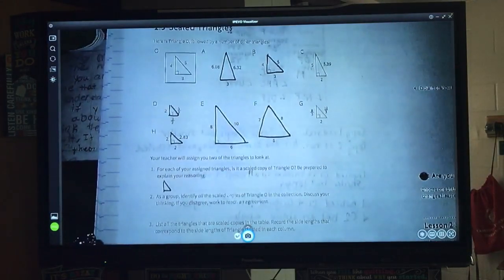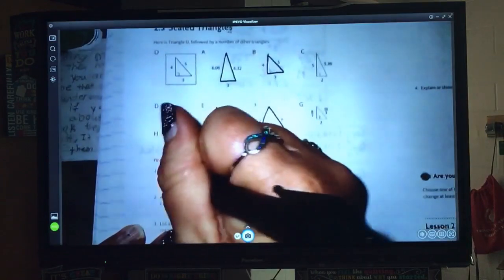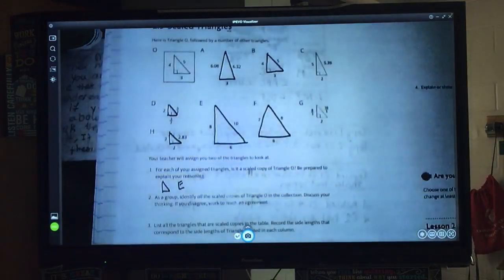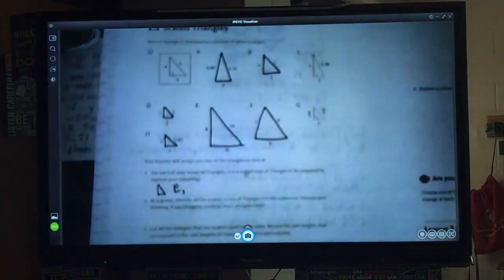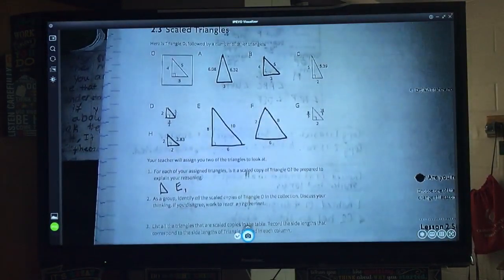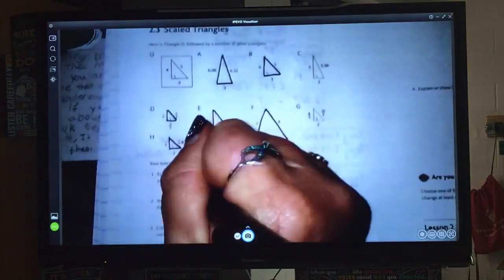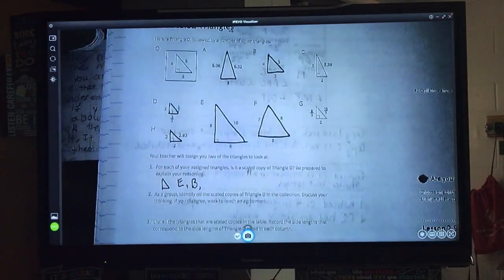And then E, okay? So for B and F, my B and F triangle people, was there one that was a scale copy to the original? Jeremiah? No. River? Yeah. Which one? B. Yes. All right, for my C and G people, is there a scale copy there?